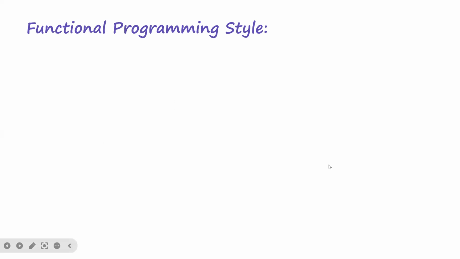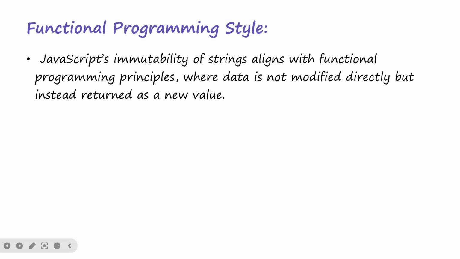Now, for functional programming style, the immutability of strings in JavaScript aligns with functional programming principles, where data is not modified directly, but instead returned as a new value. It is not good to be modifying data directly. Instead, when you modify, you return new data so that the original data will be secured.